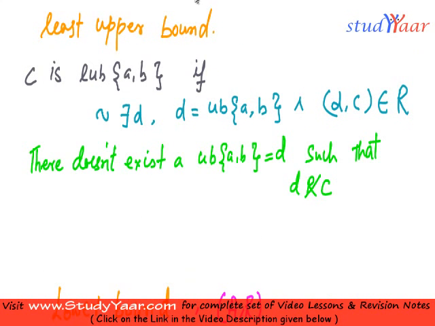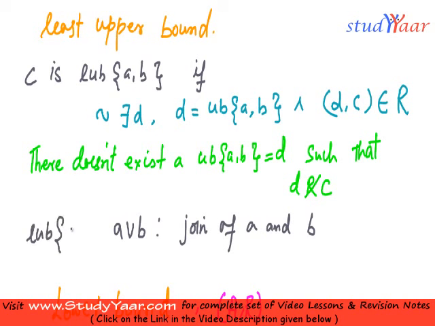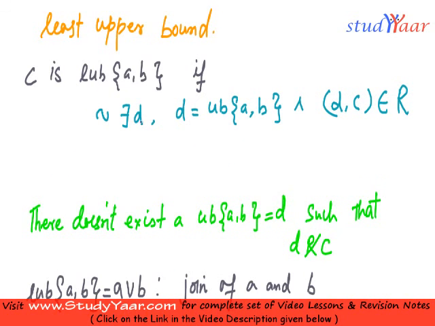The least upper bound of A comma B is also written as A join B. It is read as join of A and B, and this is equal to the least upper bound of A comma B. If you have any confusion in this particular definition, just understand that the negation of this whole statement is what?